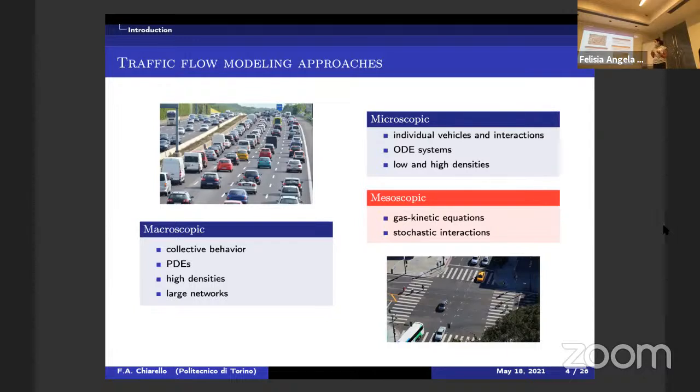After that, there are microscopic models that are based on the description of individual vehicles and their interactions. They use ODE systems, and they are suitable to describe low and high densities.